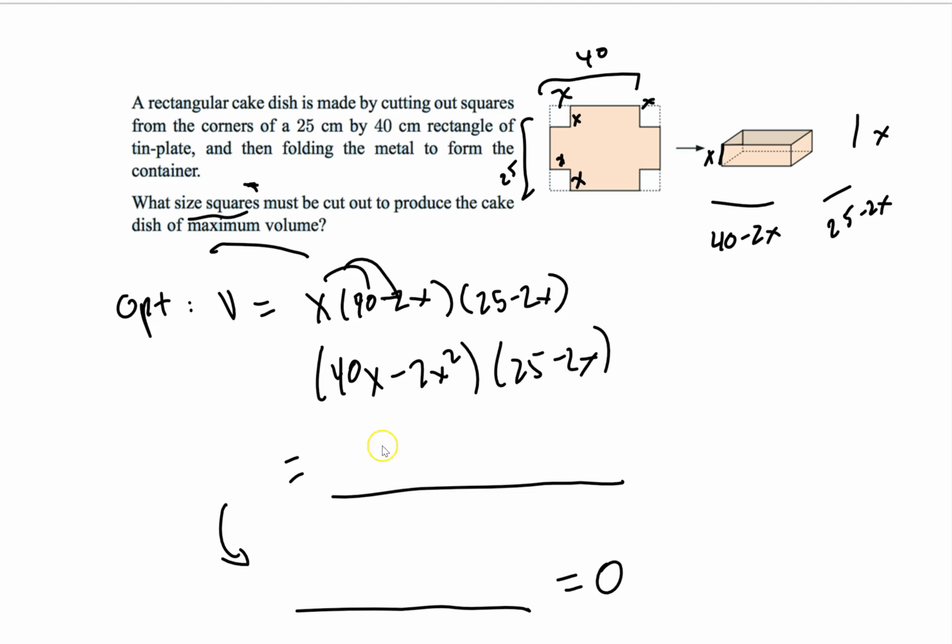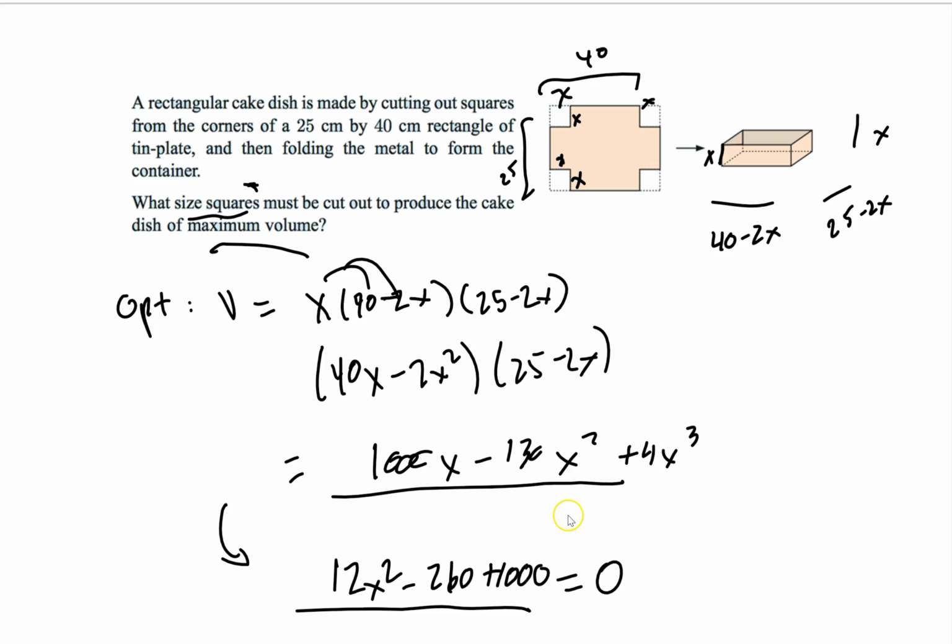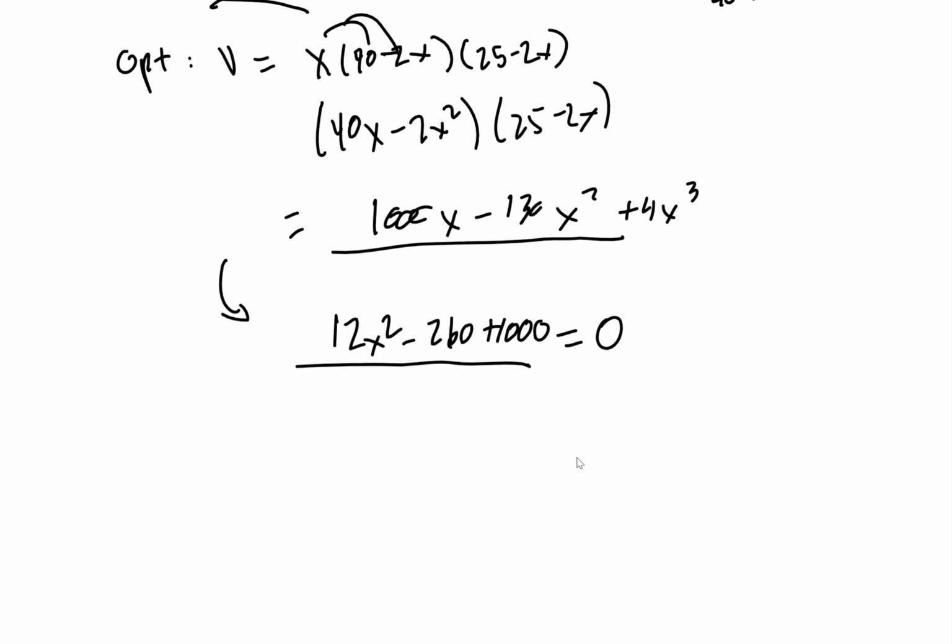If you multiply this all out, you would get 1000x minus 130x squared plus 4x cubed. If you take a derivative of this, bring it down, subtract 1 off, simplify it a little bit, you would get 12x squared minus 260x plus 1000. Nice, pretty numbers. You can divide and factor all that by 4, but anyway, you're going to get this if you factor it correctly.